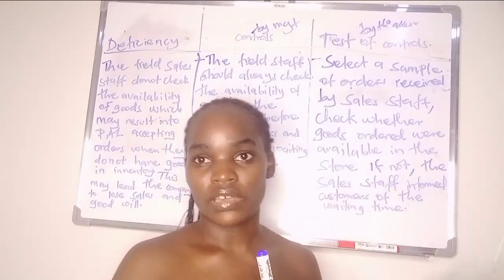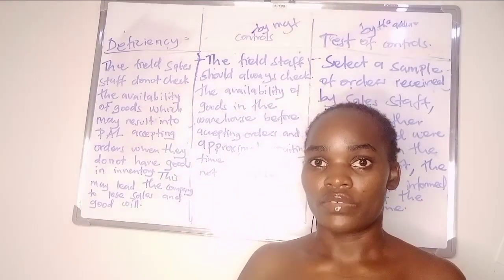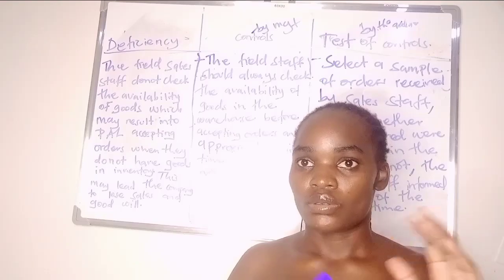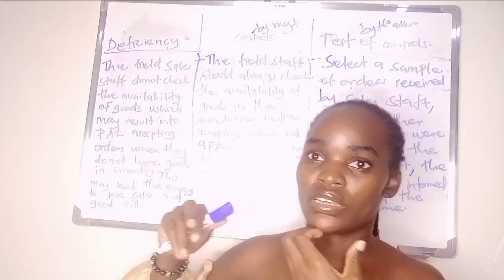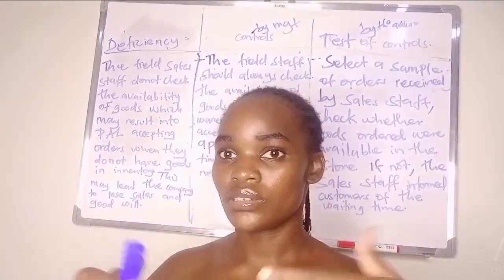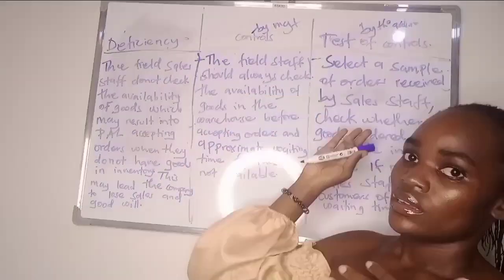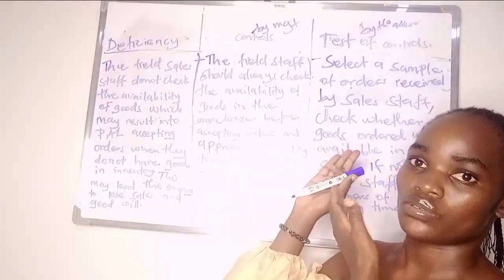And if they were not available, check if customers were informed of the waiting time. So that's how we do it. You get the deficiency from the question, then the control is something like a device to management. Then you twist the control to come up with a test of control.